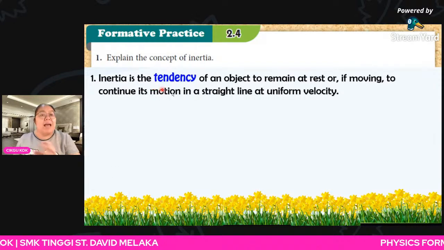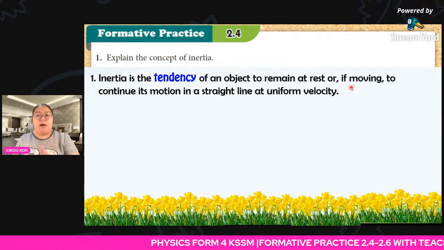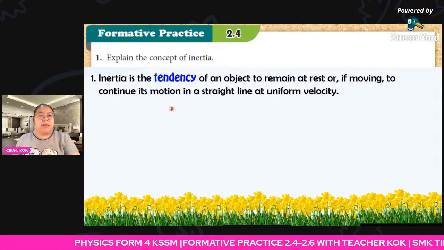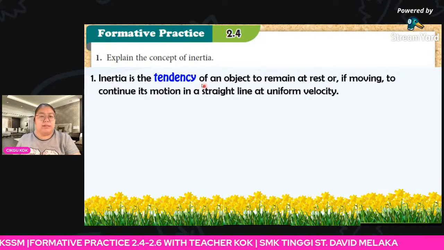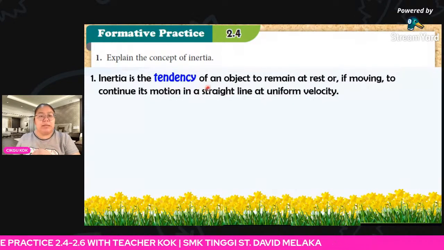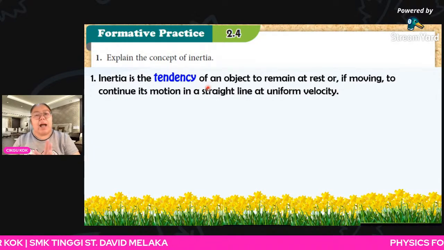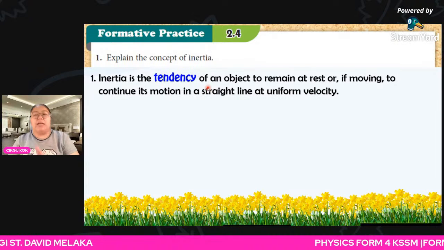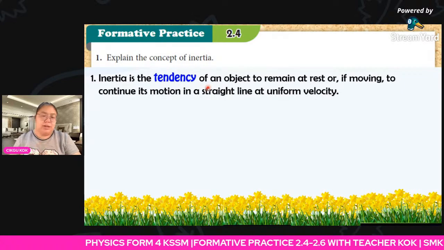Inertia is the tendency of an object to remain at rest, or, if the object is moving, to continue its motion in a straight line at a uniform velocity. Tendency means the object does not want to change its motion, either at rest or moving. So we call this inertia.